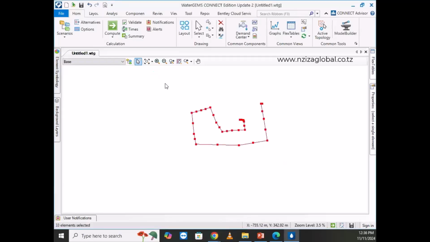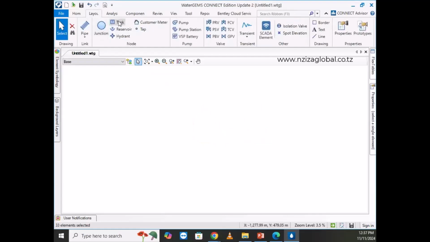I was saying that we need at least one reservoir. Let's put one reservoir. Yes? We are together. You can do it yourself. Have one reservoir.